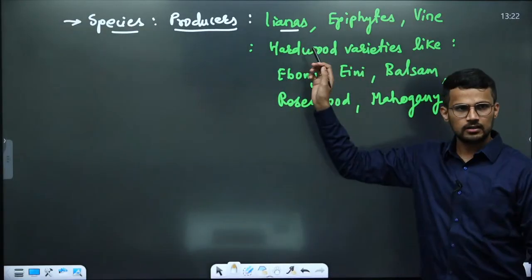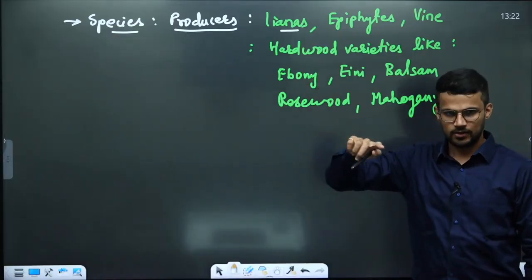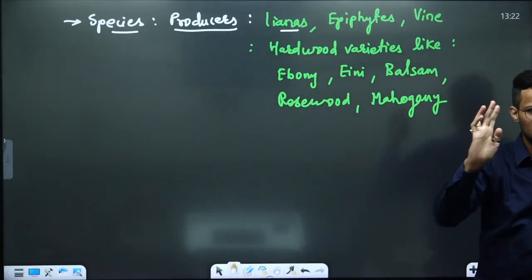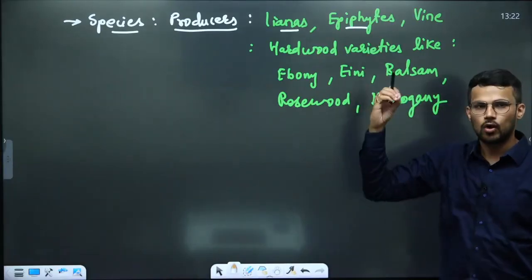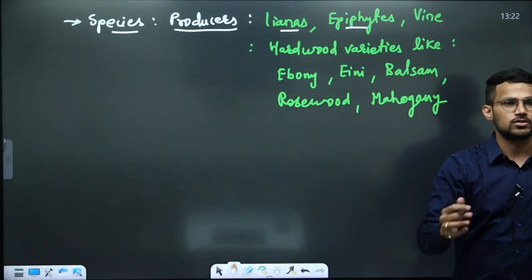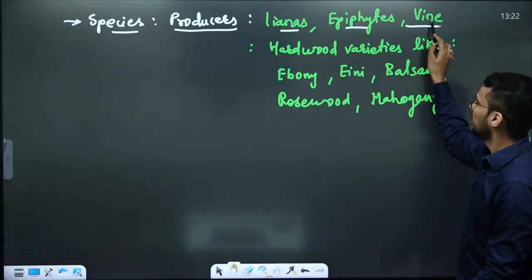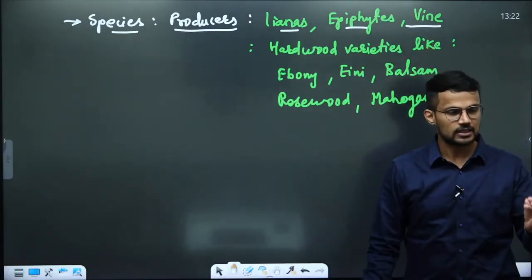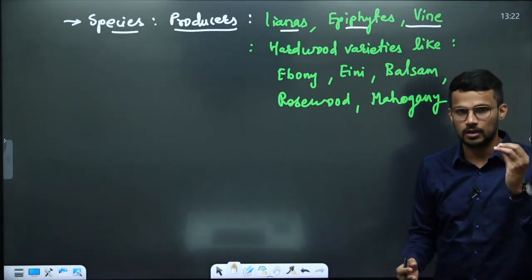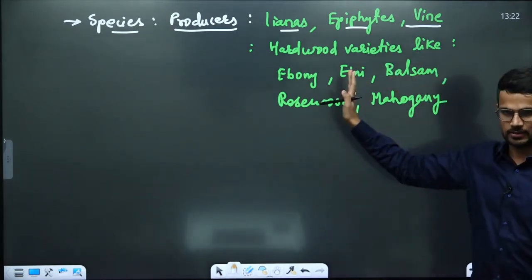Lianas are woody vines, right? They wrap themselves to other trees to take the access of sunlight. Epiphytes like orchids are those plants which grow on the stems and branches of other plants, and vines are climbers, right? Climbers जो normally हम देखते हैं which have herbaceous appearance are vines, ठीक.